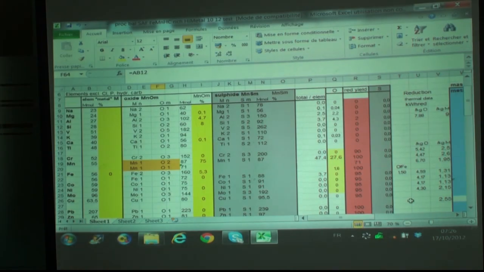1 joule. 1 calorie. One calorie is 4.18 joule. Sorry. One calorie, let's do it like this. Per second is 4.18 joule per second.